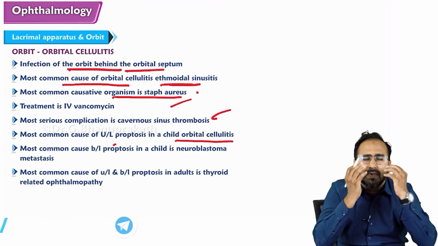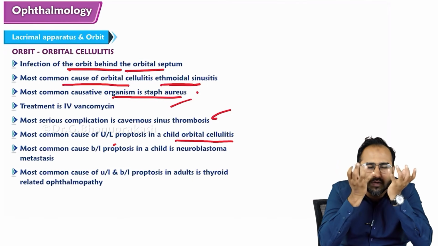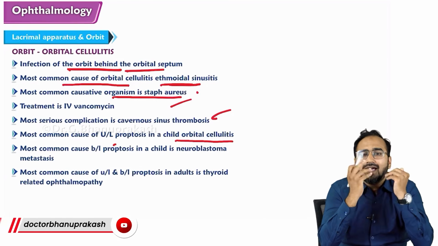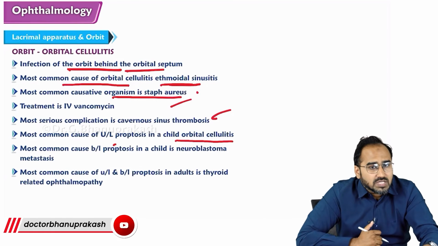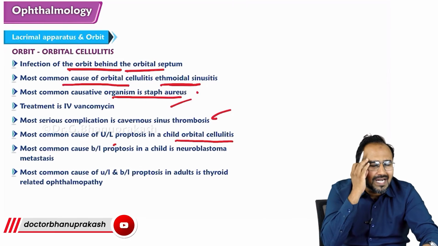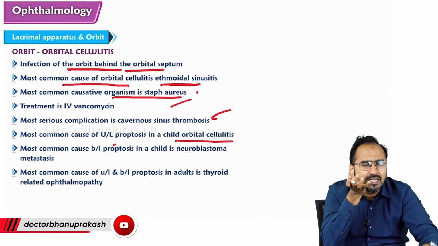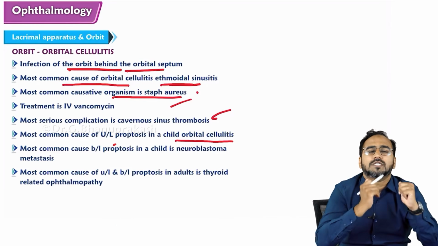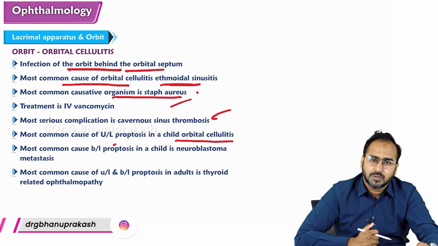But if the child is coming with both eyes being popped out, if the child is coming with bilateral proptosis, the most common cause of it is neuroblastoma. Unilateral proptosis in a child, it is due to orbital cellulitis. Bilateral proptosis is due to what? Neuroblastoma.